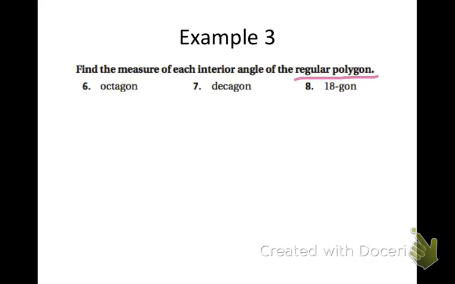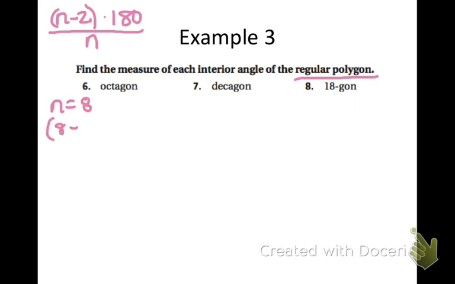So in the octagon, it's the same formula. In this case, we're going to start with the total sum, where you take the number of triangles times 180, and since every angle is the same, divide it by the number of sides. So since in an octagon the number of sides is 8, you would do 8 minus 2 times 180 to find the total sum, or the total number of degrees.